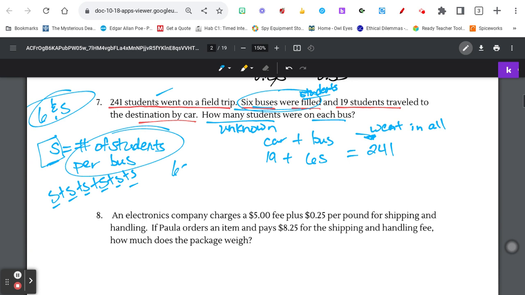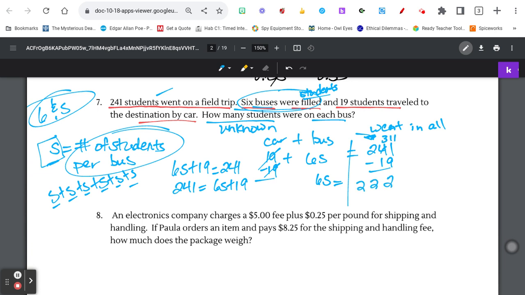You could have also written in 6S plus 19. Okay, you can swap these around. You could have put the 241 on the other side. I don't think I went over that in the previous problems, but you can. All right, I'm going to subtract 19 from both sides. So we end up with 6S, sorry guys, equals to, that's 222.